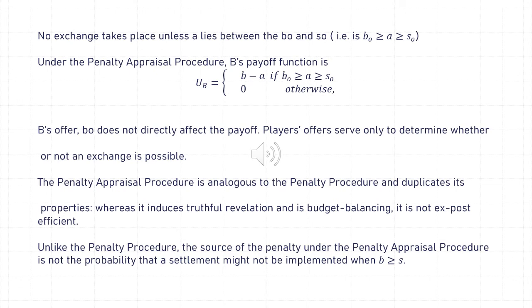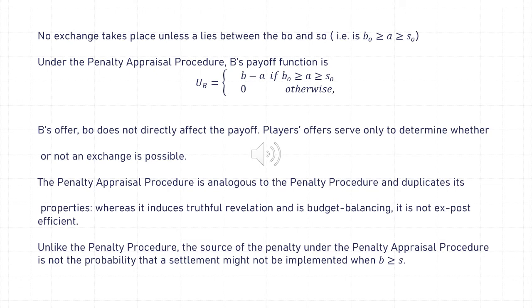Under the penalty appraisal procedure, B's payoff function is calculated below. B's offer does not directly affect the payoff; it serves only to determine whether or not the exchange is possible.